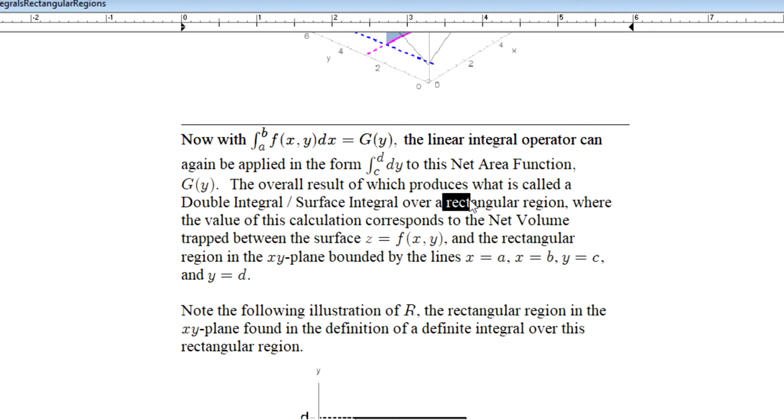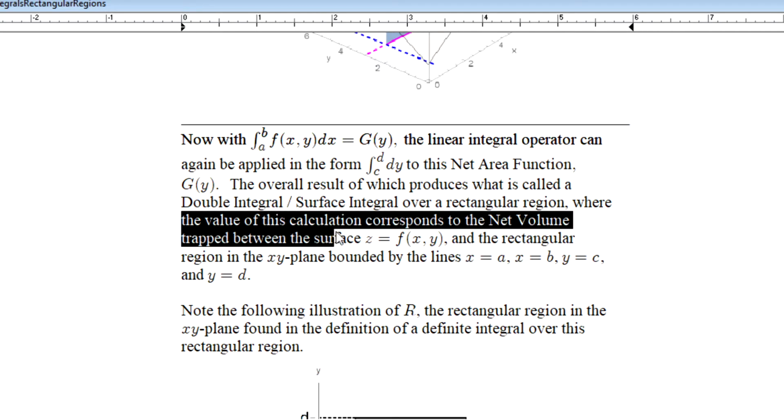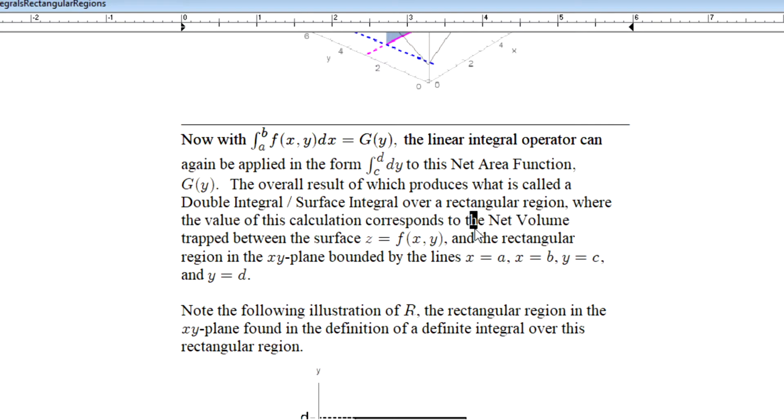That is going to happen over what we call a rectangular region, a region that is rectangular in shape, where the value of this calculation, in geometrical terms, is going to correspond to a net volume.